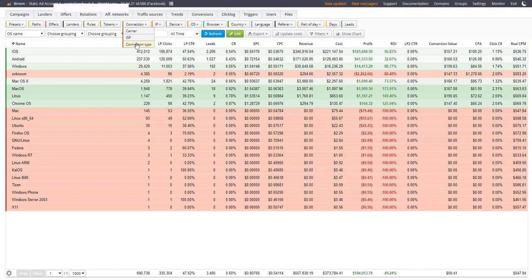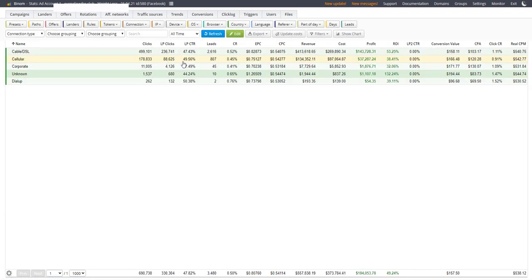Another great one that I like to look at is connection type. So this gives us an idea whether it's Wi-Fi and cable versus just cellular. And again, we can see there is a bit of a difference for cable and Wi-Fi DSL. Now, obviously, this would be desktop traffic as well coming through this one, but it gives us an idea again. So we could run Wi-Fi only.